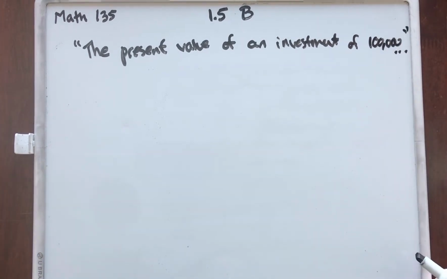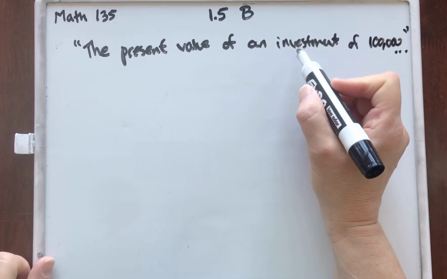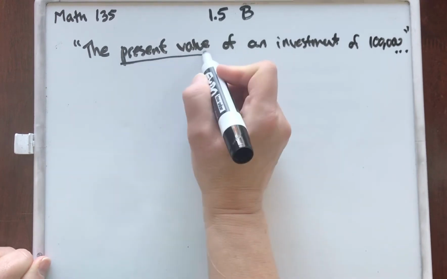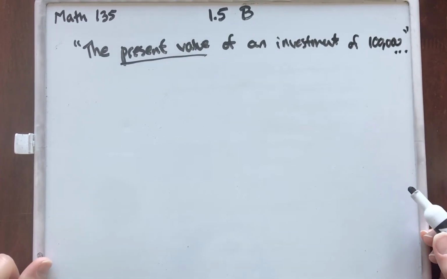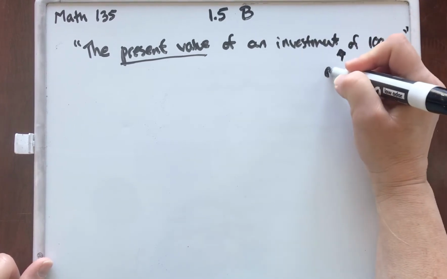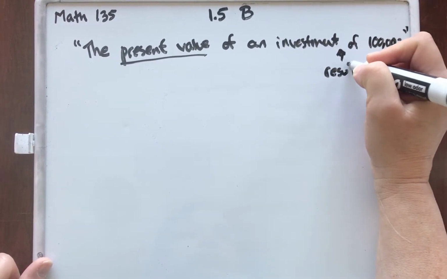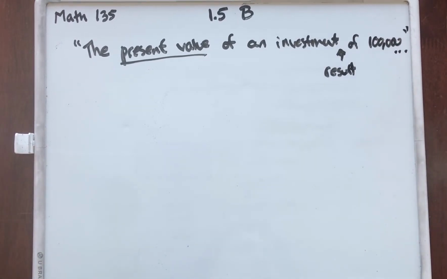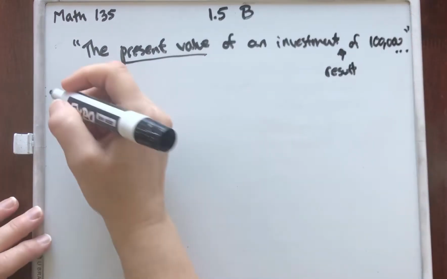Now this is confusing because you think the investment is $100,000, but that doesn't make sense because we're looking for the present value, and that is the investment. So think of it as if the word results is there: the present value of an investment results of $100,000, meaning we're going to get $100,000. It's not the investment.